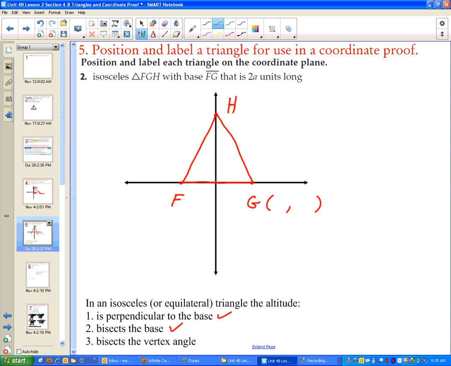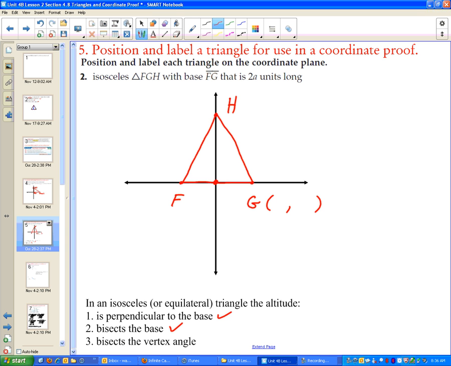Now, if segment FG has a length of 2A and 0, 0 is its midpoint, think about this. Doesn't that mean to the left of the midpoint to F is a distance of A, and to the right of the midpoint up to G is also a distance of A?